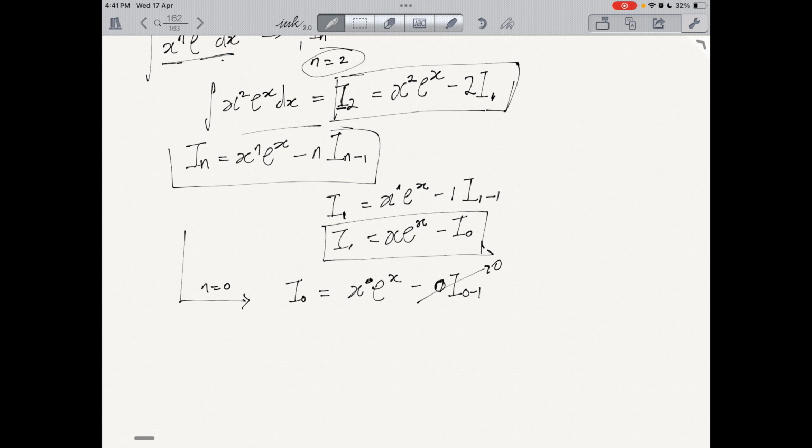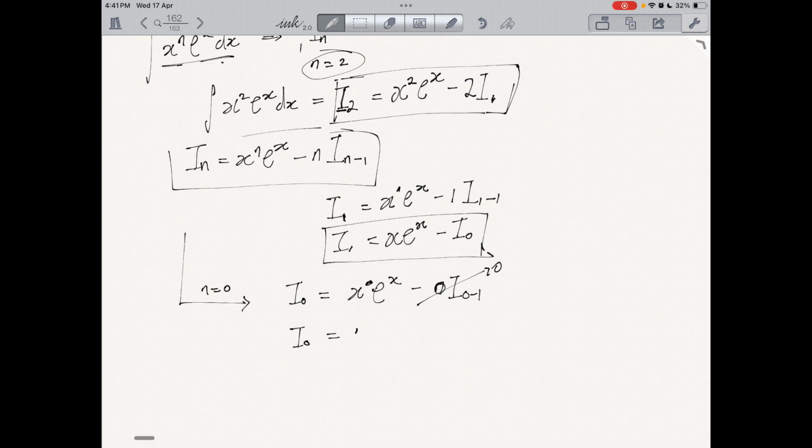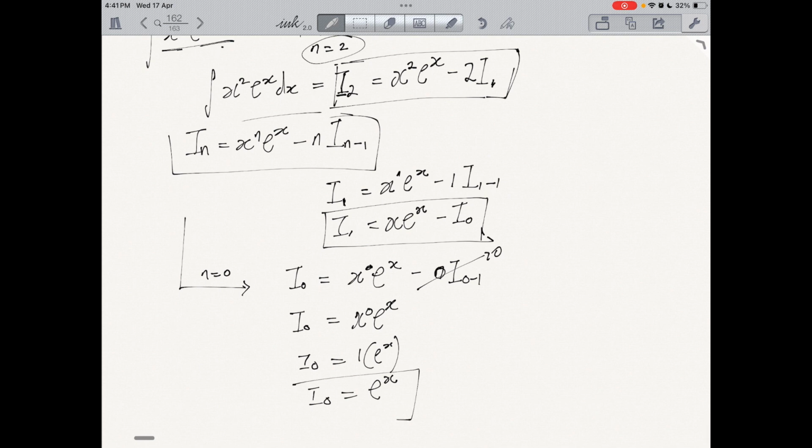So this returns 0, and our I naught will be equal to x raised to power 0 exponential x, which is the same thing as 1 multiplied by exponential x. So our I naught is equal to exponential x. Because there will be a constant of integration, I naught is equal to exponential x plus c, but that can be neglected for now. So we have evaluated I naught.